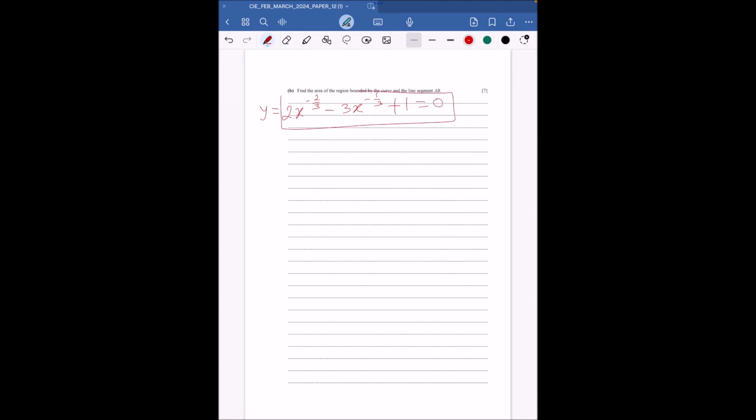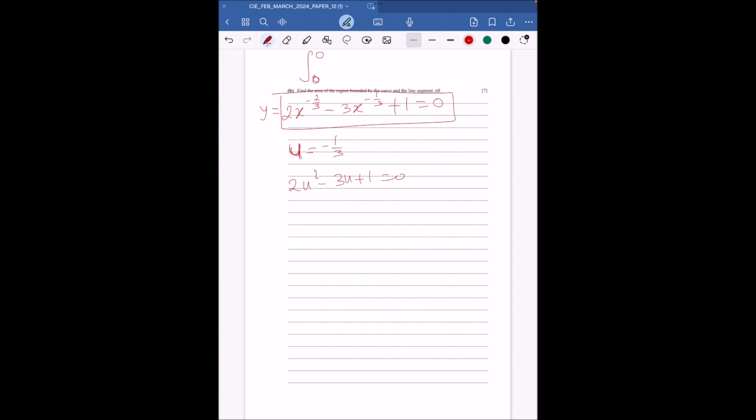We're solving this because we know we have to integrate from something to something. We don't know this, so this is a reducible equation, so let u be equal to x to the power of minus 1 by 3, so that will be 2u squared minus 3u plus 1 equals 0.